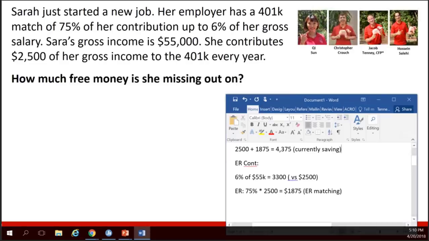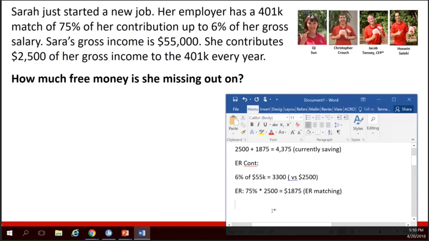Okay. Our next question is the same question, but now we should calculate the free money that she is missing out. So what does it mean? It means that her employer is willing to match up to 6% of her gross income, but because she is just contributing 2,500, she is missing out on the difference.